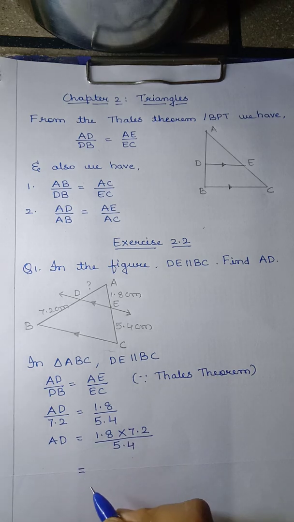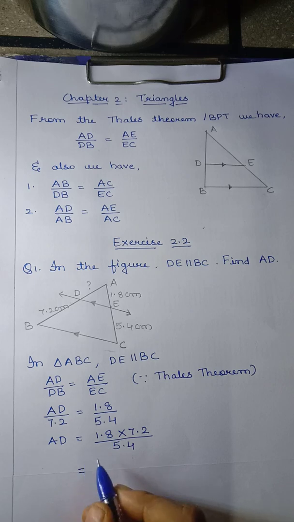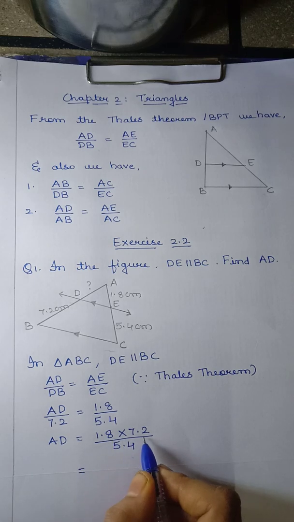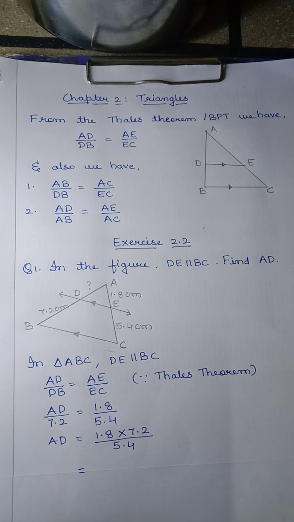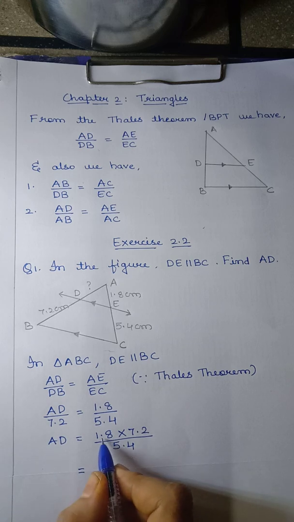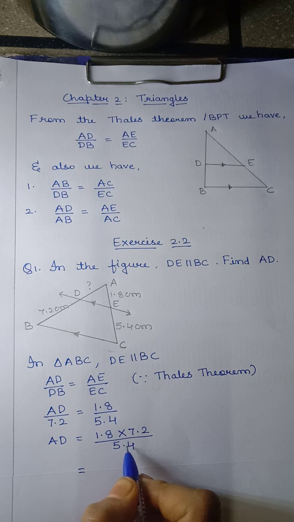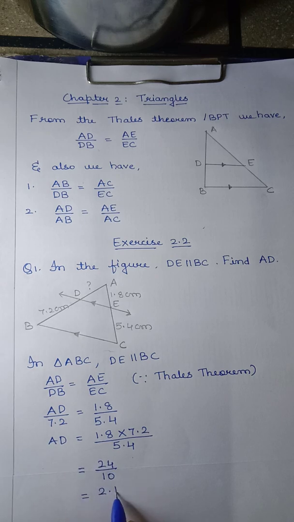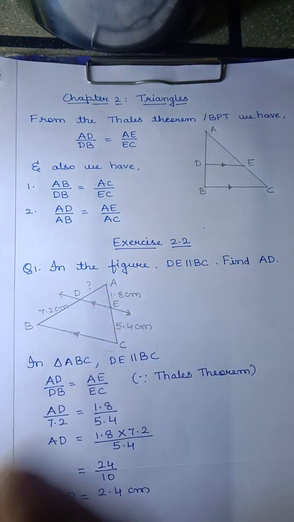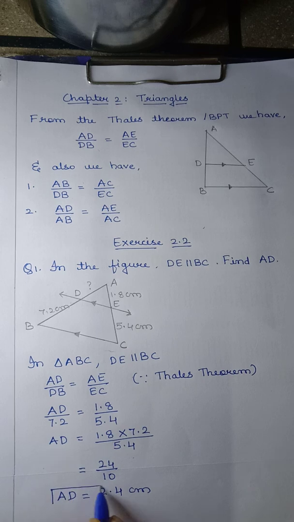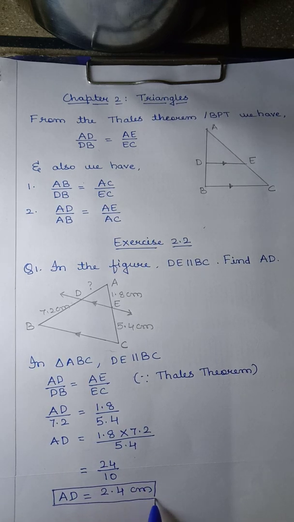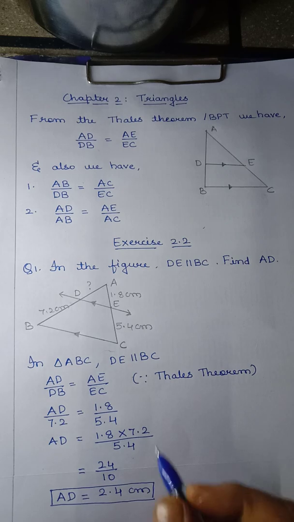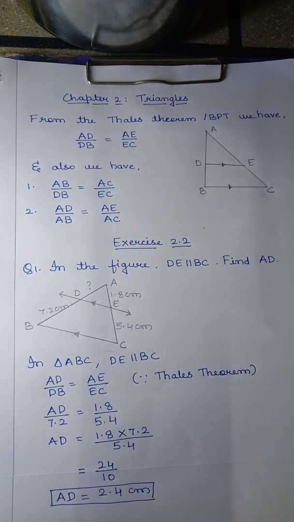If you simplify this, or you can convert this into fraction form and then simplify, you will get 24 upon 10. That is nothing but 2.4 centimeter. So the measurement of the side AD is 2.4 centimeter. Like this you have to use the Thales theorem in finding the unknown side.